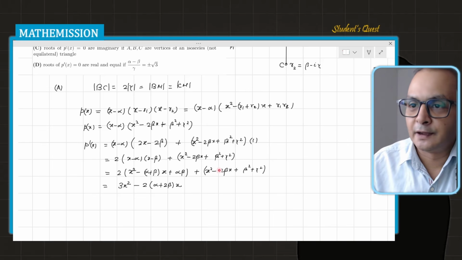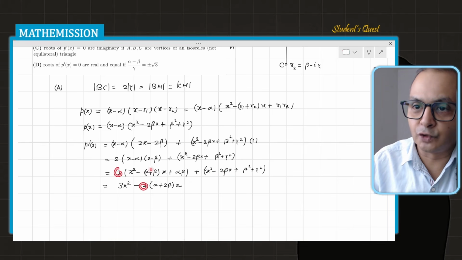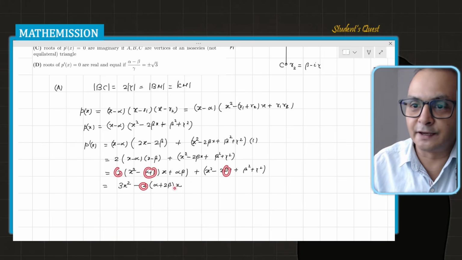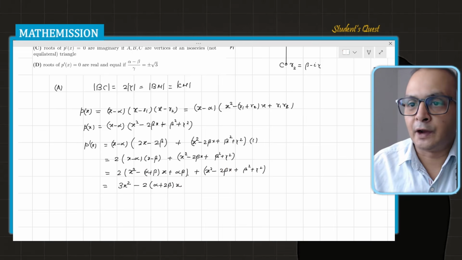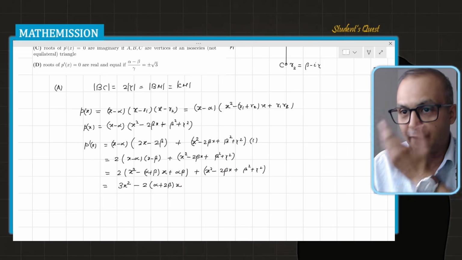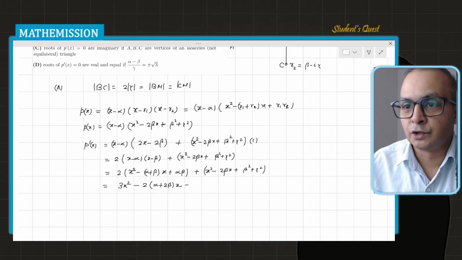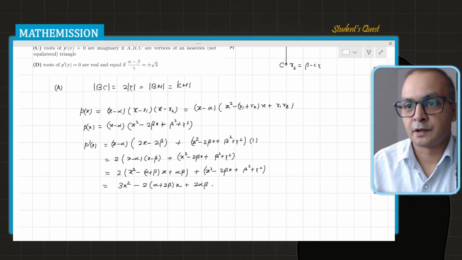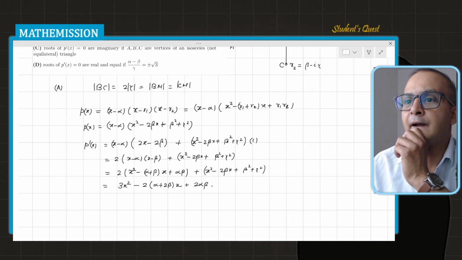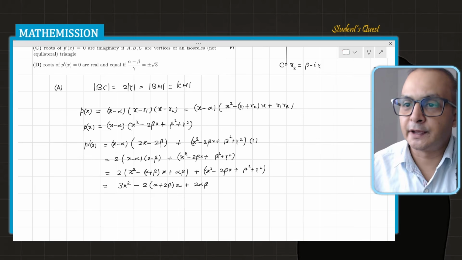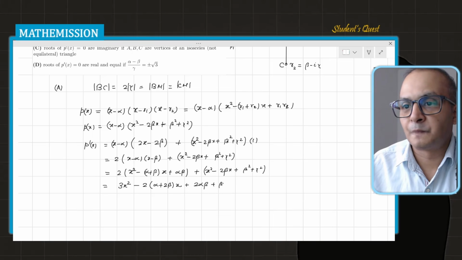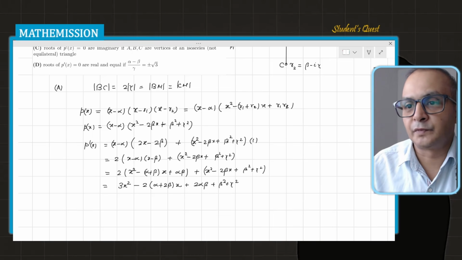Notice here also I took 2 common. So alpha plus beta and beta will get added. And now after that we multiply these two, so we get 2 alpha beta here, and from there what I get, 2 alpha beta plus beta square plus gamma square.